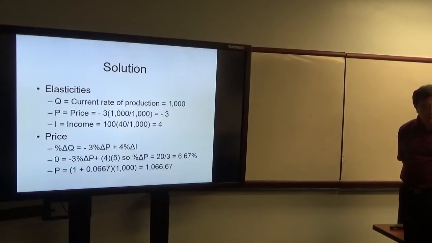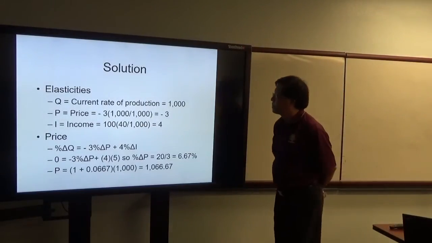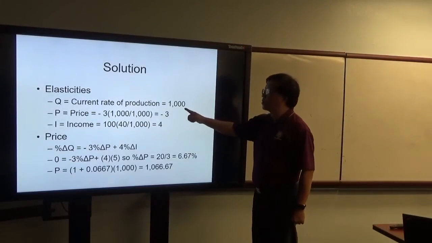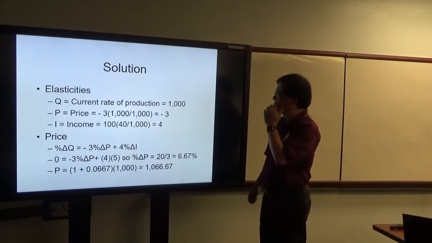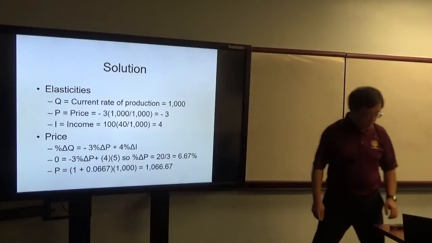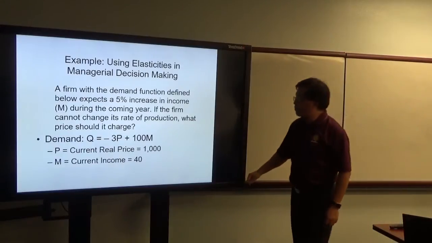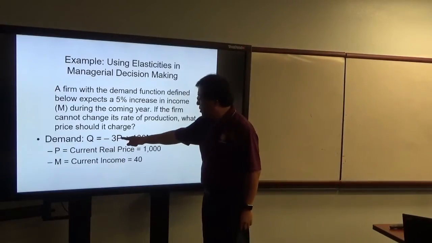So can we figure out the current rate of production? It's 1,000. How do we know this is 1,000? Can we plug in prices?